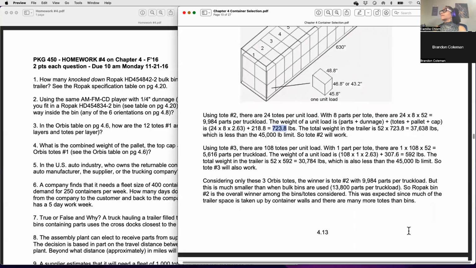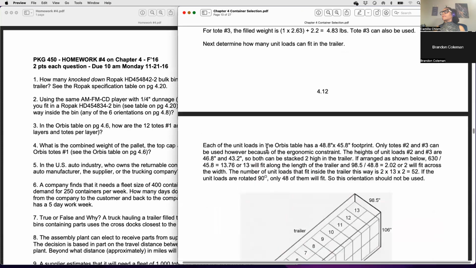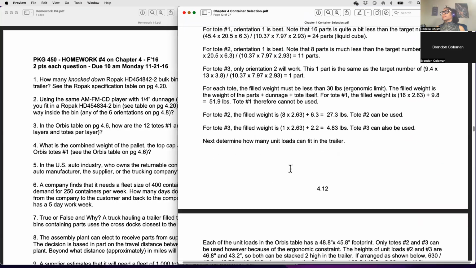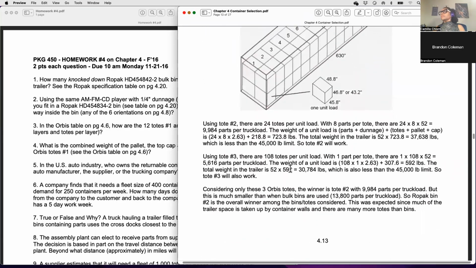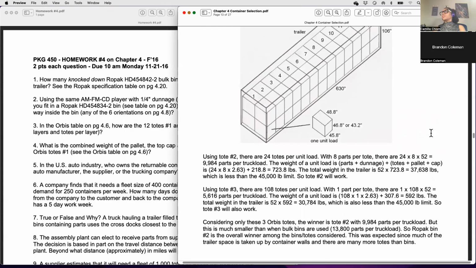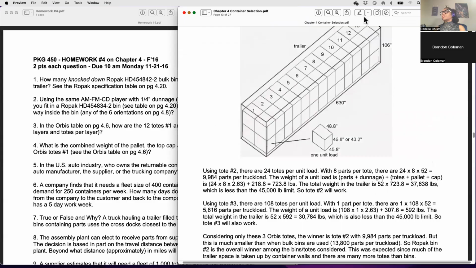Let's see. So, same thing with tote number 3. You've got 108 totes per pallet. It's a smaller tote. Again, tote number 3, remember, is the one where you only have one part per tote. So you're basically going to get 108 totes per unit load, one part per tote, times the 52, because you know you can get 52 of these pallets on a truck.